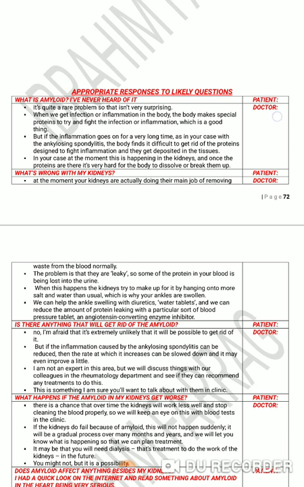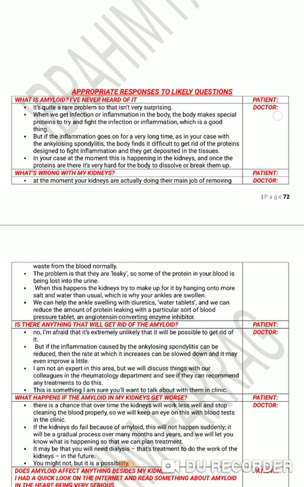Then the patient asks what is wrong with my kidneys. Then you tell him, at the moment your kidneys are actually doing their main job of removing waste from the blood normally. The problem is that they are leaking, so some of the protein in your blood is being lost into the urine.